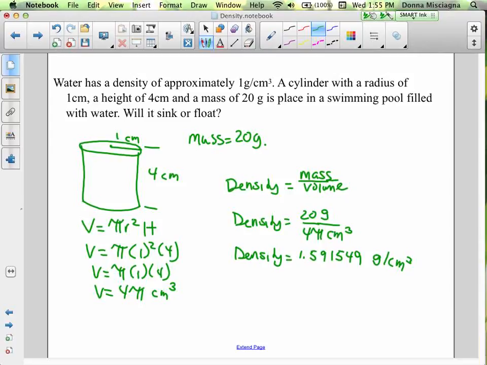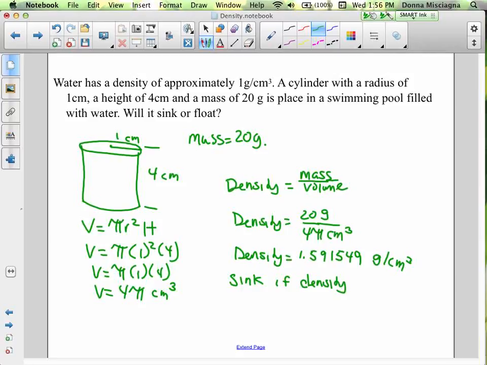All right, so we want to know whether it'll sink or float. How can we tell? If it's going to sink, it's going to have a larger density than the water, right? So it'll sink if the density is greater than the density of the water.